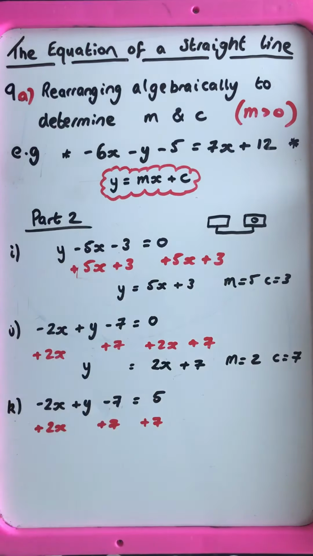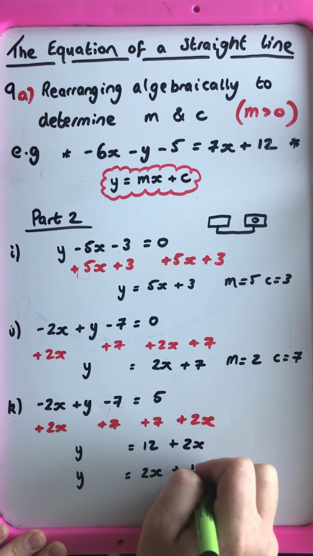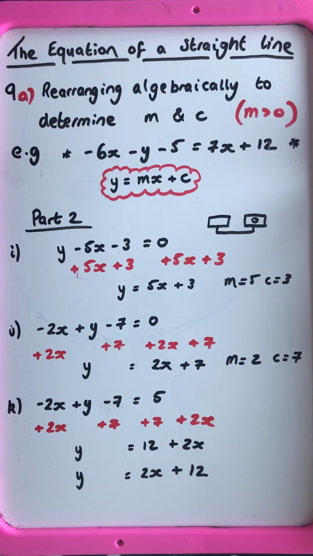So the y remains here, equals 0, 0, 5 plus 7, 12. 0 plus 2x, 2x. And at that point, you might be able to extract the gradient and the y-intercept. You might need to write it down so that you can see it clearly. y equals mx plus c.